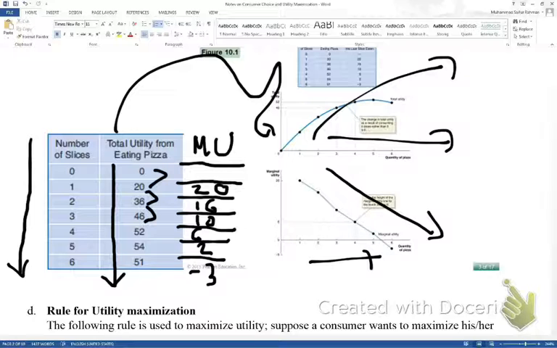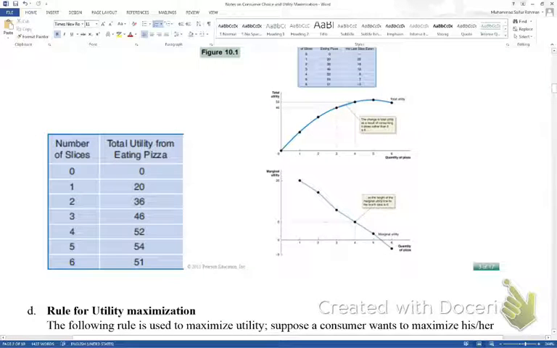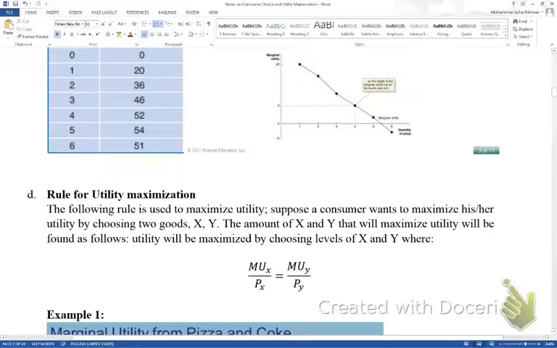So let us now move to something that is going to be at the heart of our discussion today, which is called utility maximization. In very simple words, utility maximization refers to a consumer trying to buy a bundle of goods and services that maximizes the utility of the consumer, keeping the budget constraint in mind.